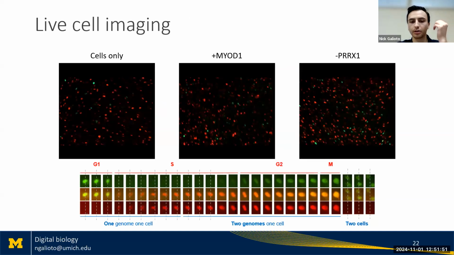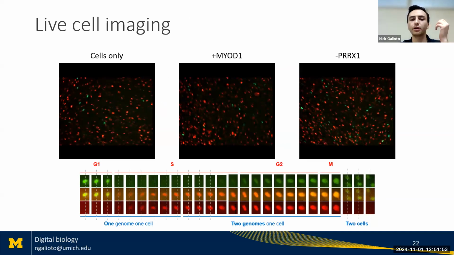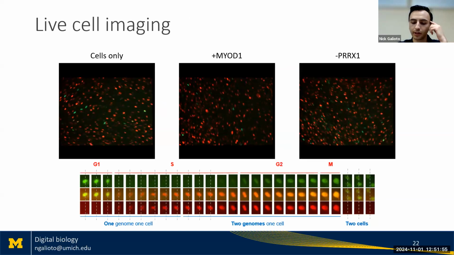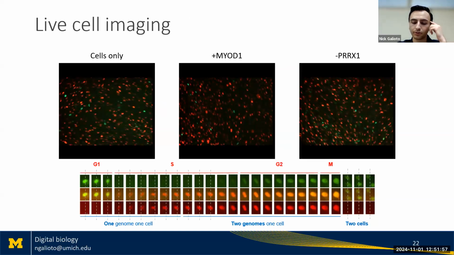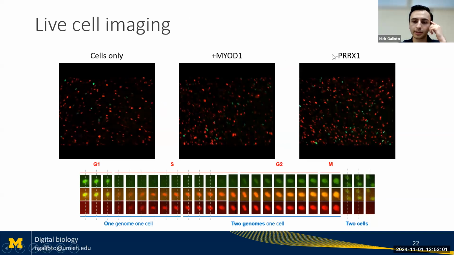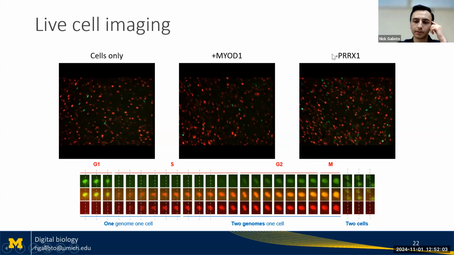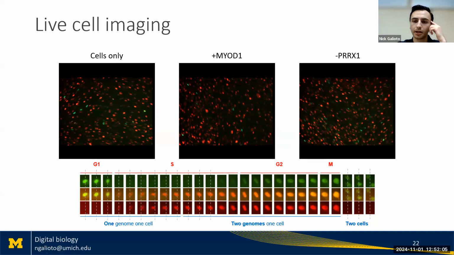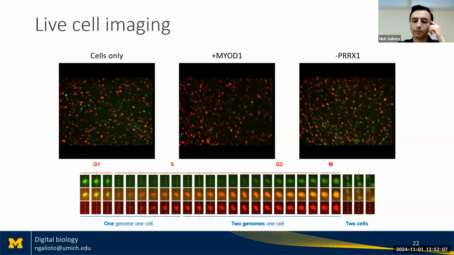So these are two transcription factors that we know a little bit about. MyoD1, if you remember, was used to move a fibroblast to a myoblast cell. And then PRAX1 is a transcription factor that is highly active in fibroblasts, but not so much in the myoblast.